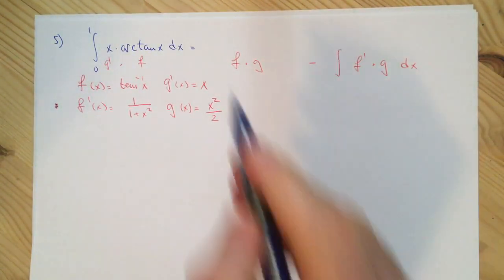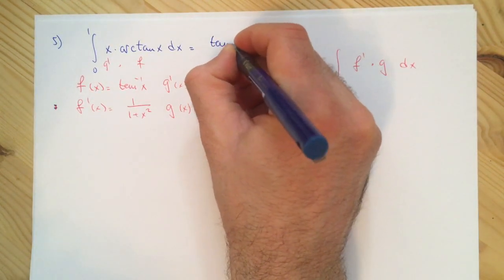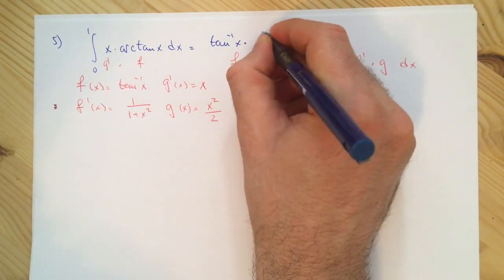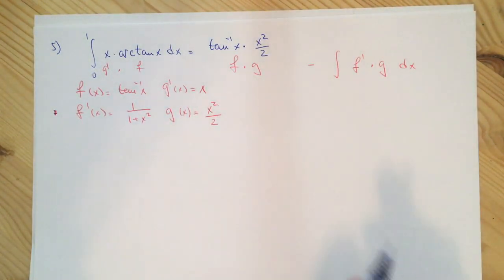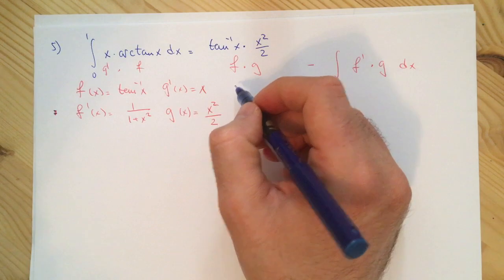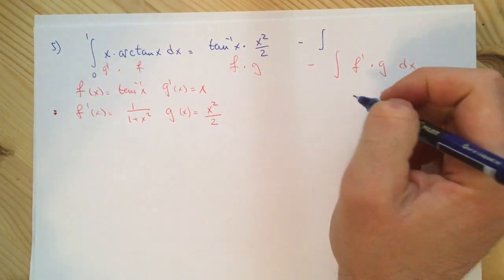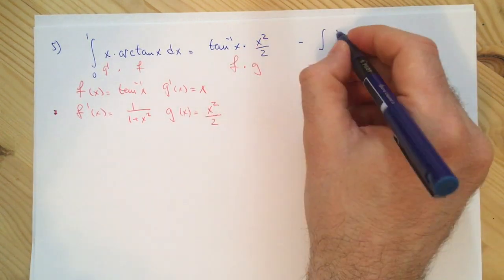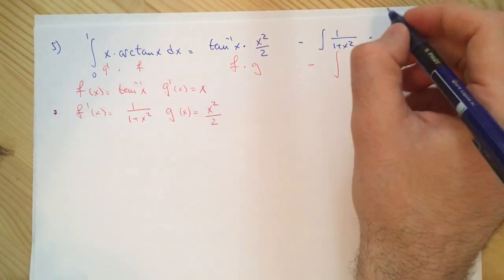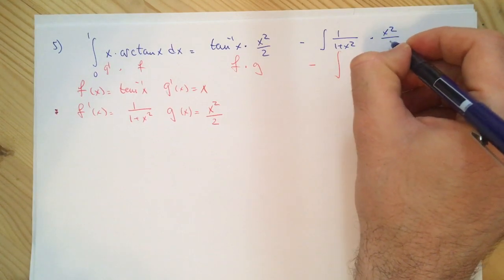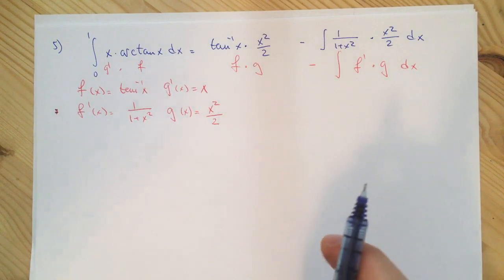Okay, so f times g, that's arctangent times x squared over 2, and of course in the next line I'm going to rewrite this in a more convenient way, minus the integral of f prime, which is 1 over 1 plus x squared, times g, x squared over 2, dx.